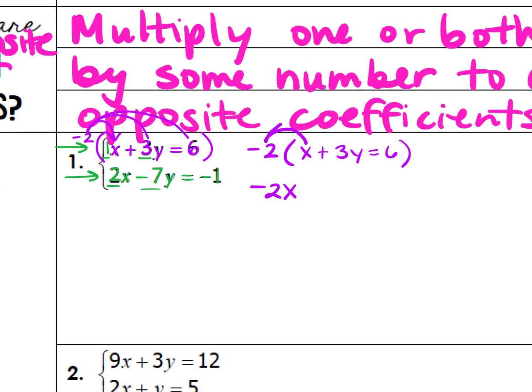What's the next part going to be? -6y equals, what's this? -12, okay? So now you have that purple equation is -2x minus 6y equals -12. Your other equation, the green one, you're just going to rewrite exactly how it was right below it.